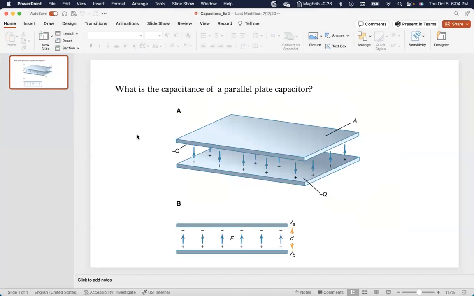It says here that we have a parallel plate capacitor, with a positive charge on one side and a negative charge on the other. What I want to do is determine the capacitance of this parallel plate capacitor.